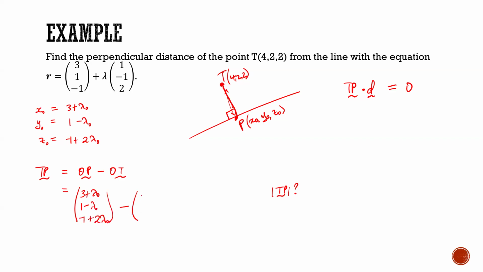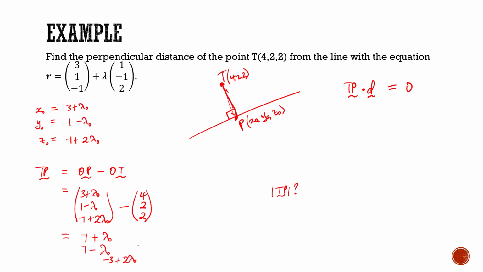We're subtracting (4, 2). So this gives us negative 1 plus lambda naught, negative 1 minus lambda naught, and negative 3 plus 2 lambda naught.